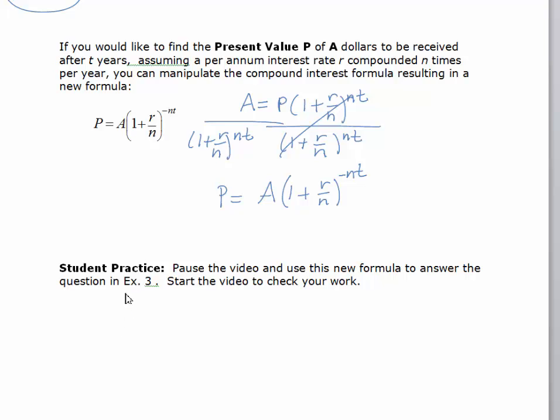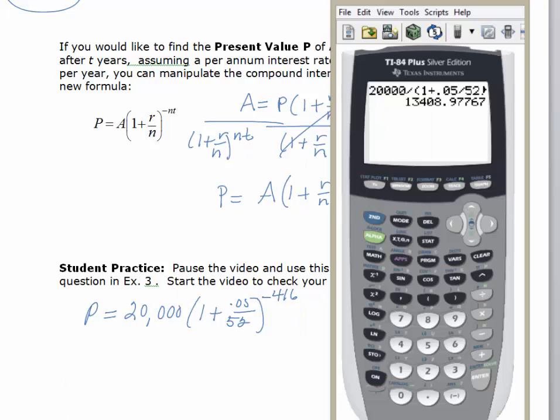So if I want to plug in and find P, P is going to equal A, which is 20,000, times (1 plus 0.05 over 52) to the negative 416, because we already multiplied that out. And let's do this on the calculator.